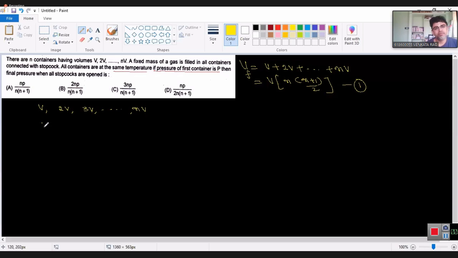If the first container has pressure P, automatically the second container will have pressure P by 2 because volume is doubled, pressure is reduced to half. Volume is tripled, so pressure is reduced to 1/3 and so on. And the pressure here is P by N.